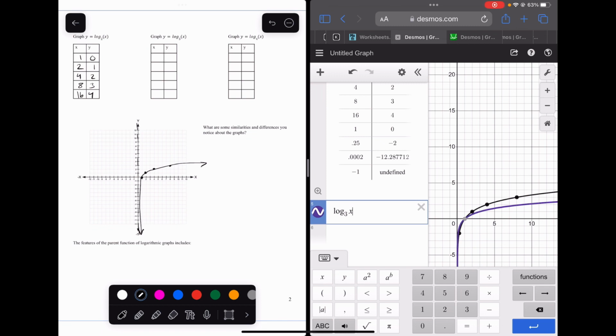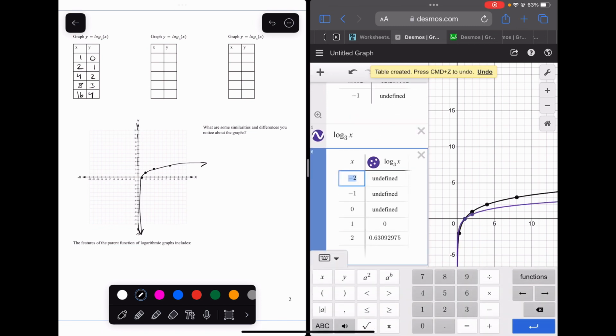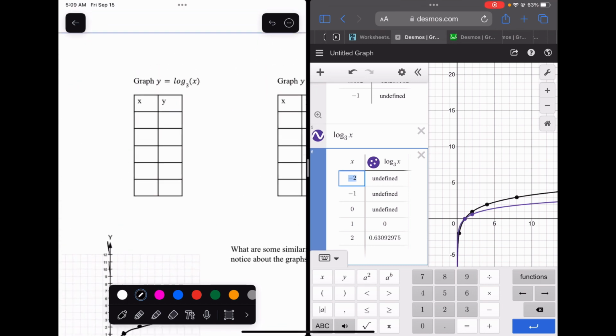All right, and let's make a cute, nifty little chart here. And again, I know what numbers to plug in to make this look nice, and eventually you will too.